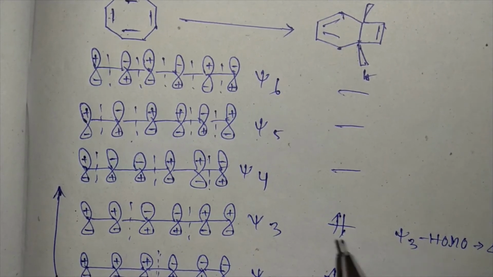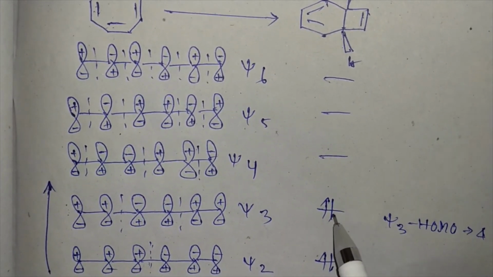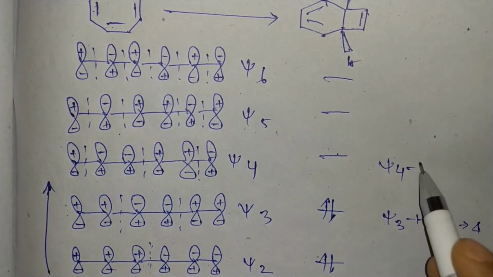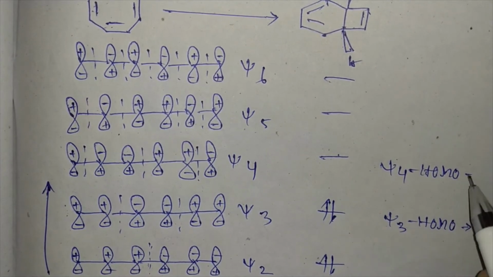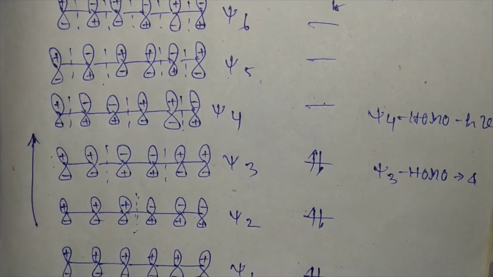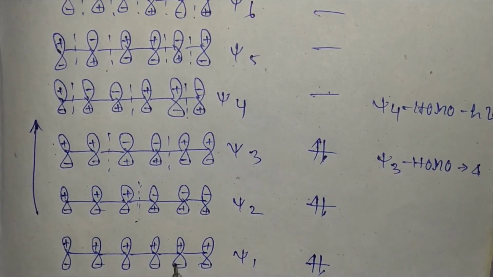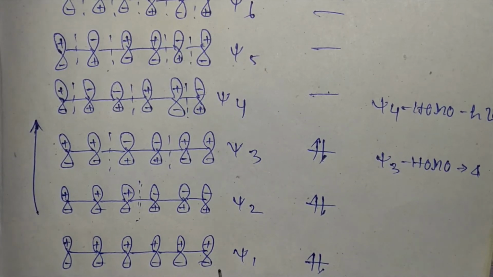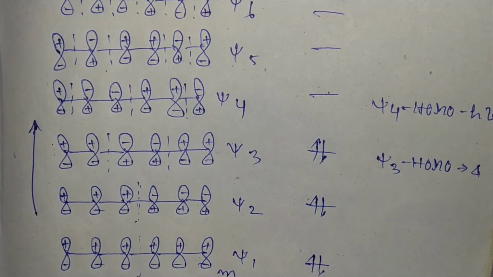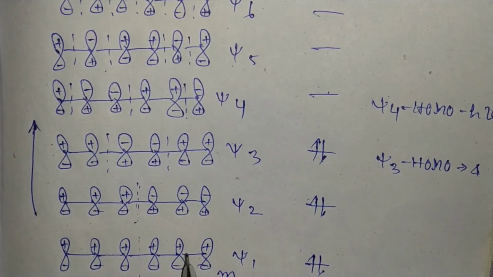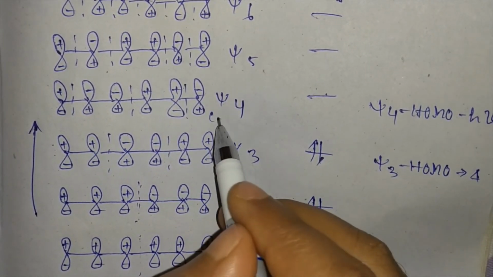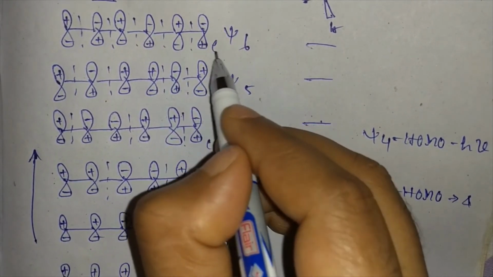But if photochemical condition is applied, then one of these electrons will be promoted to psi 4, and then psi 4 will be the HOMO in photochemical condition. So if we see the symmetry of these molecular orbitals, it has mirror symmetry, because the mirror will bisect this molecular orbital into two equal halves, whereas it has C2 symmetry. Again mirror symmetry, C2 symmetry, mirror symmetry, C2 symmetry.